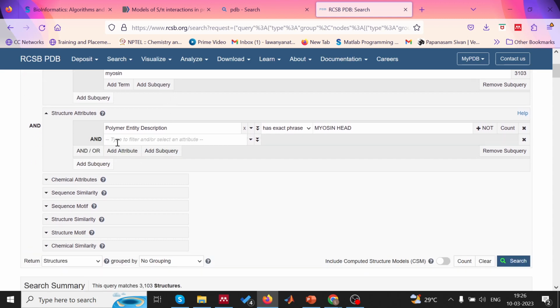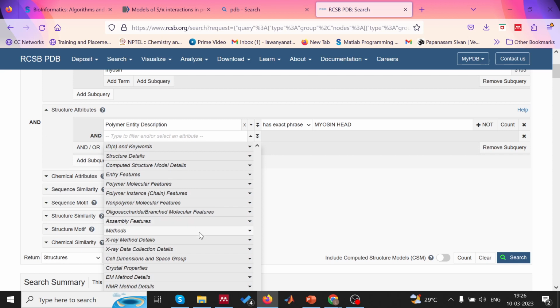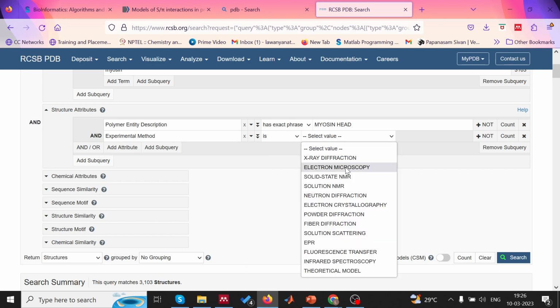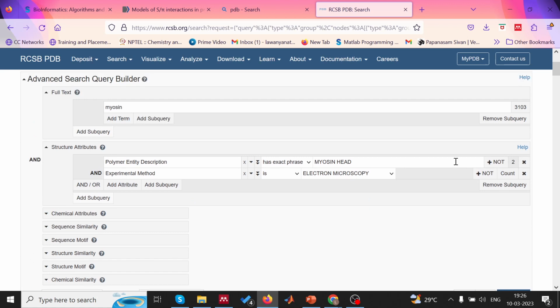I'm going to add another attribute, and this is an and. So, which means it has to be this and that. So, in methods, I'm going to go to experimental method, and here I'm going to choose electron microscopy. All right. Now I'm going to click on count again. Oh, there are just two.